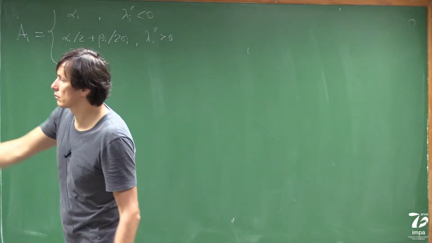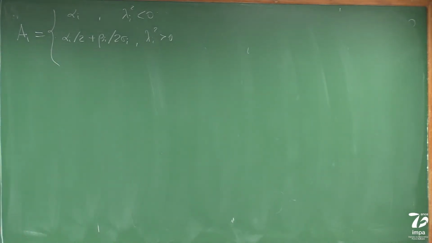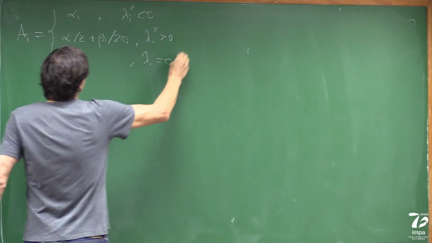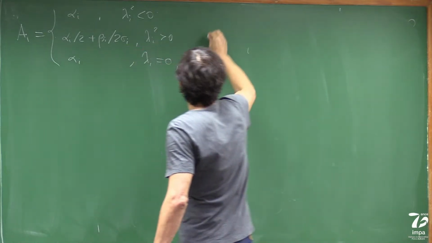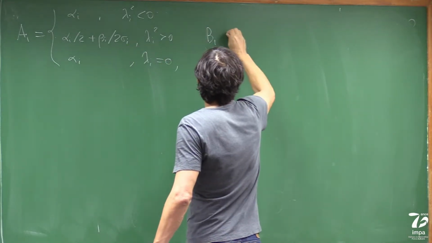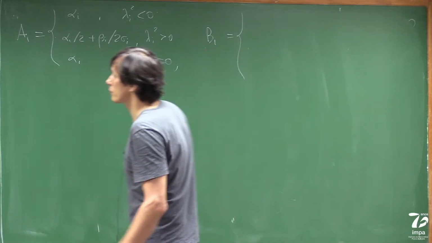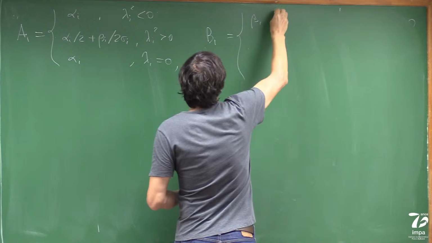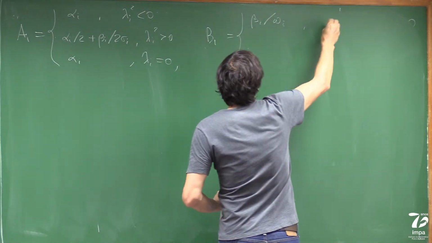And then it's just alpha. Okay, and b_i you find in a similar way. So you find b_i from here. So it's beta_i divided by omega_i.